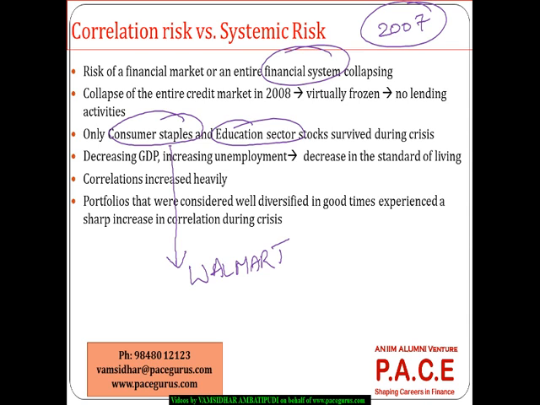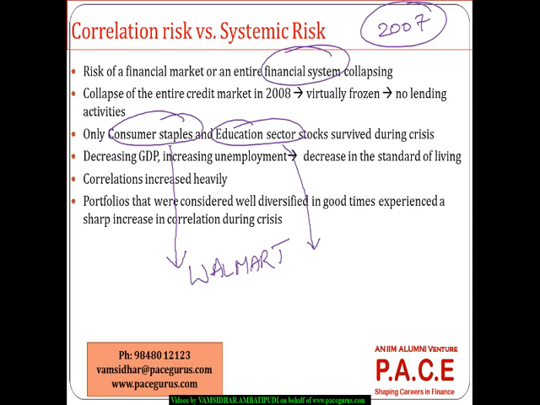Right, and similarly a few of the education sector stocks did not go down during the crisis because people became more and more unemployed, and they thought that is the period where they can use it for better education, improving their skills so that they can be fit for the industry once the market opens up.